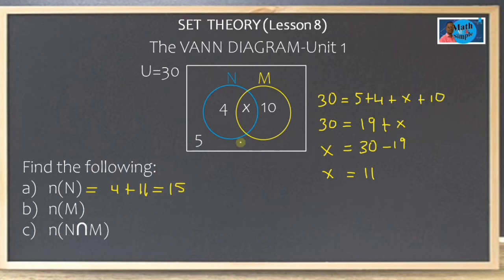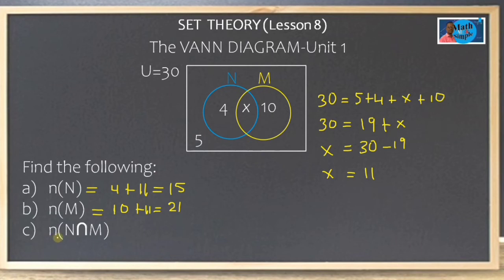So we have 15 members in set N. And for set M, we have 10 in M, we also have X in M. So you have 10 plus 11, which gives you 21. So we have 21 members in set M.